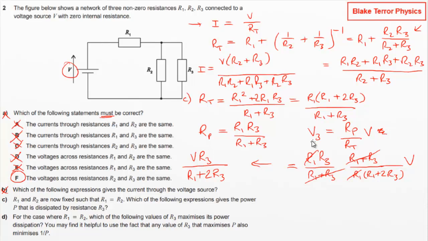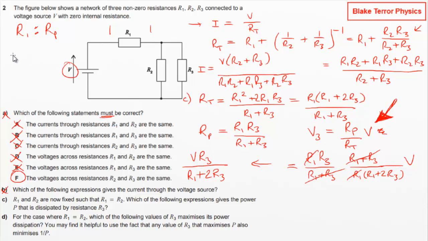So again, it's just emphasizing the need for good algebra, but it's another way of looking at the way we're dividing up the EMF. Quite often we're thinking, let's divide these into proportion and say we've got R1 in proportion to R parallel, and then we divide up V that way. Well, of course, we can do it a different way and say, what is our total resistance?